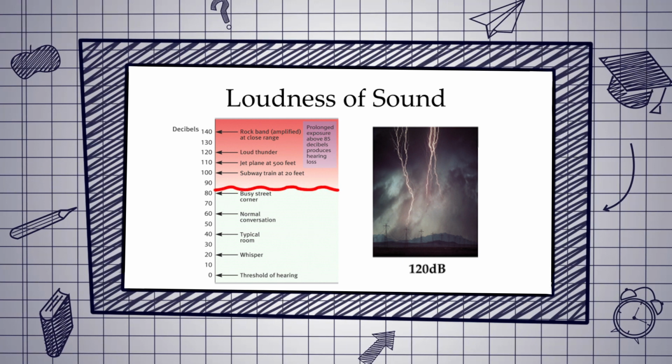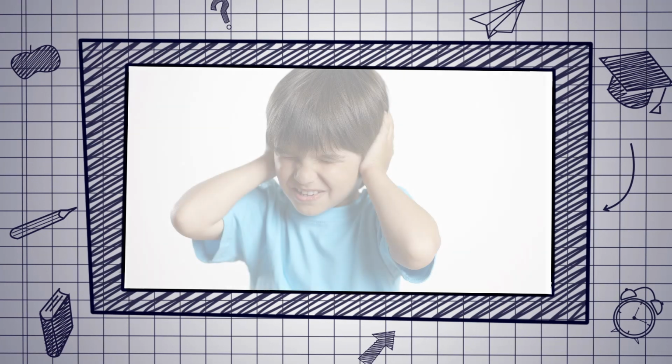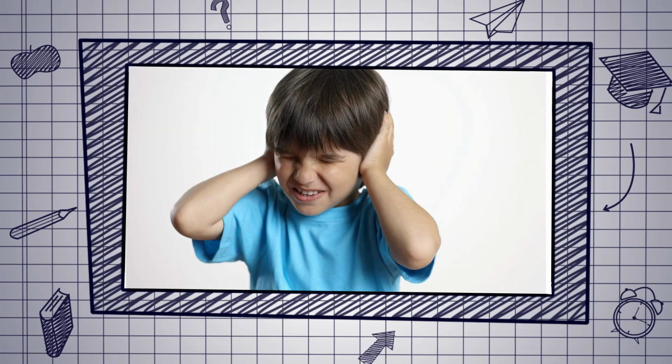There is a very important line I want to draw your attention to, which is about 85 decibels. Above 85 decibels, sounds become damaging to our ears. If you're exposed to an environment that is above 85 decibels for a prolonged period of time, you're prone to hearing loss.